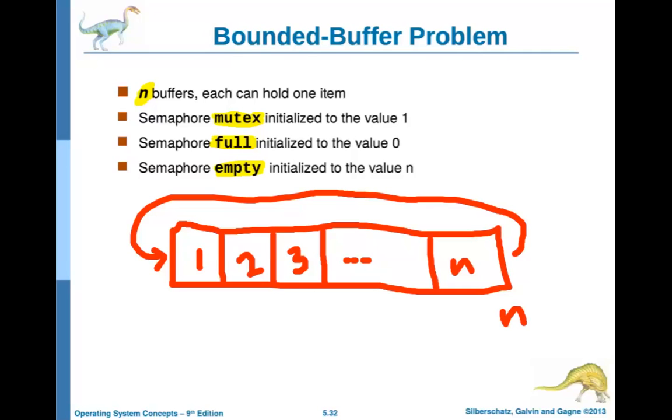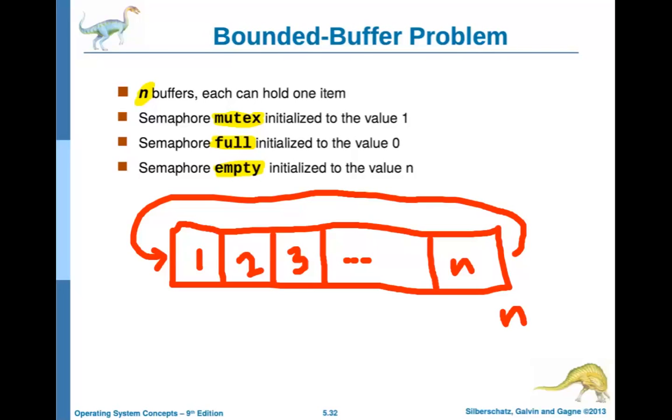Kindly note that the semaphore variables full and empty are not binary semaphores, they are counting semaphores, where full will hold how many of the n buffers are right now used.